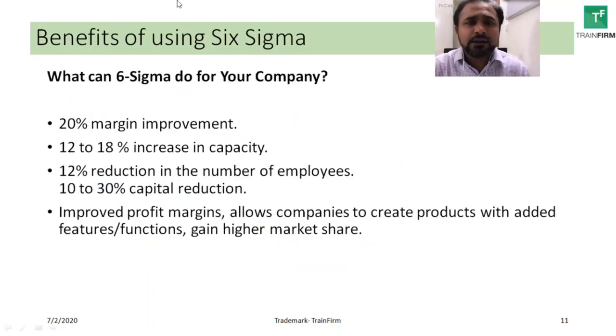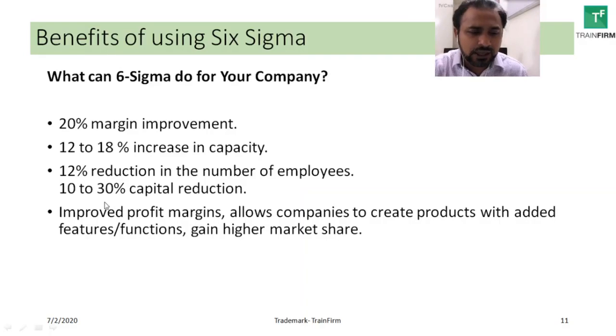Okay, and the benefits of using Six Sigma are very important. When you deploy Six Sigma in the right way, you can expect somewhat like a 20% margin improvement, which is an average number we have seen in many industries. That's your profitability improvement, or you can increase the capacity of your plant by 12 to 18% by increasing productivity, or a 12% reduction in employees.